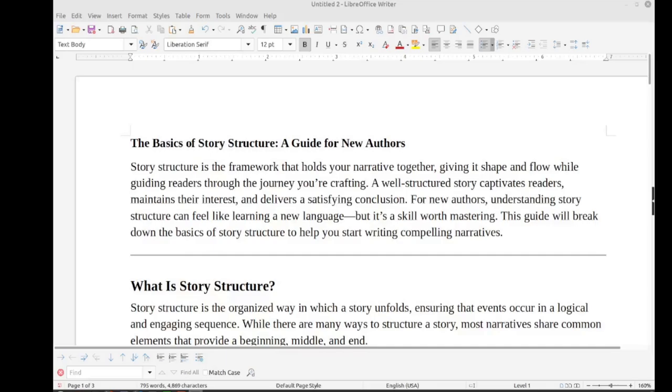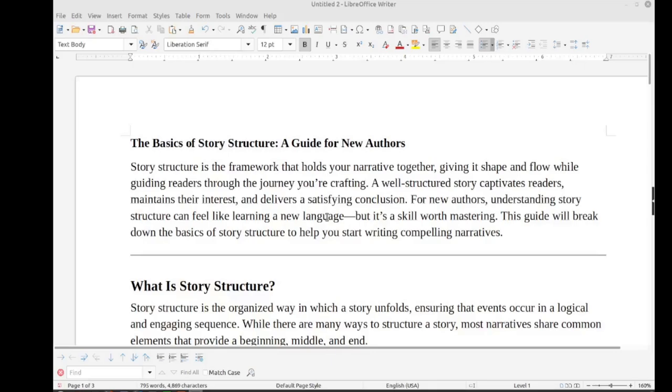Because whether you plot or you write by the seat of your pants, you still need to have an understanding of story structure. So, the structure of your story is the framework that holds your narrative together. It gives it shape and flow while guiding readers through the story that you're crafting. A well-structured story captivates readers, maintains their interest, and delivers a satisfying or realistic conclusion as far as the rest of the events go.